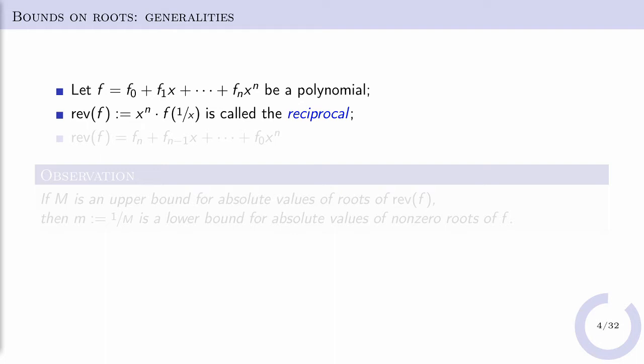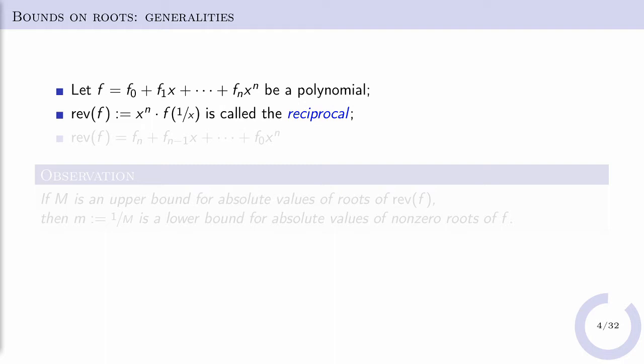We multiply this rational function by the greatest denominator which appears, which is clearly x to the nth power, because if we substitute 1 over x, then we have fn times 1 over x to the nth power. So if we multiply it by the greatest denominator, what we get is again a polynomial.